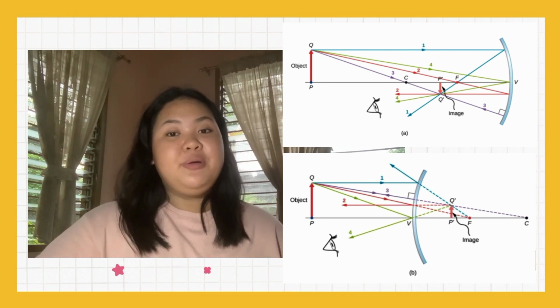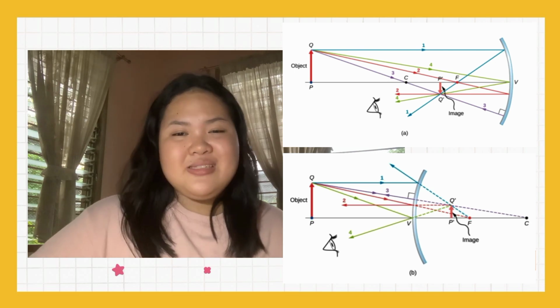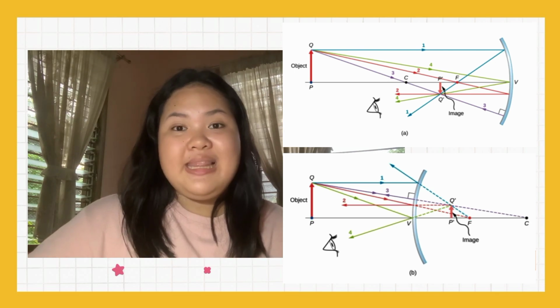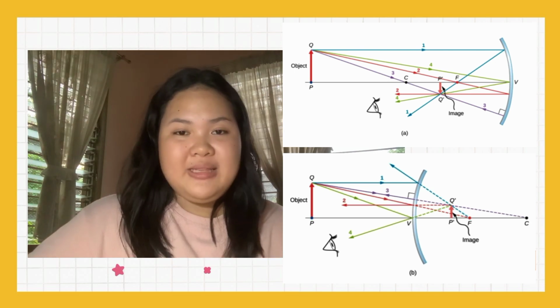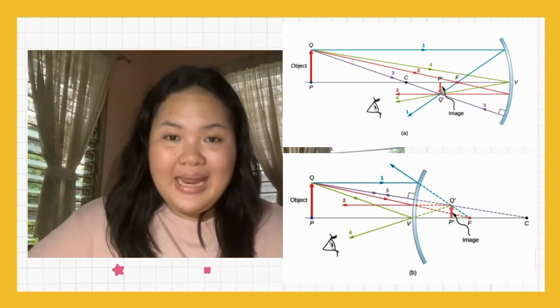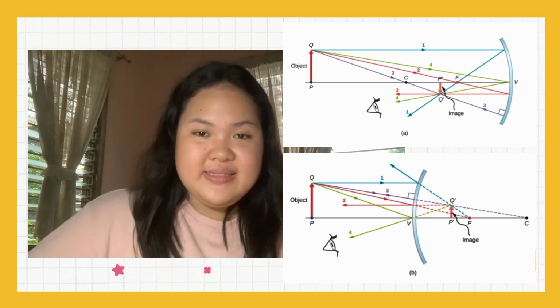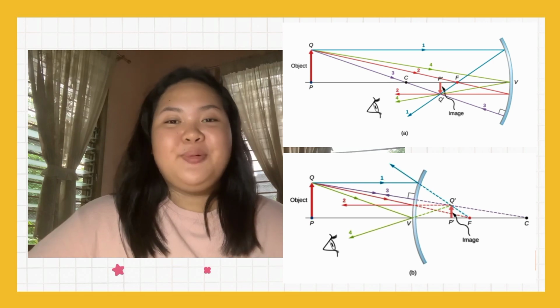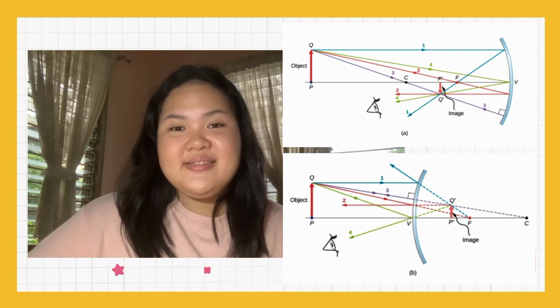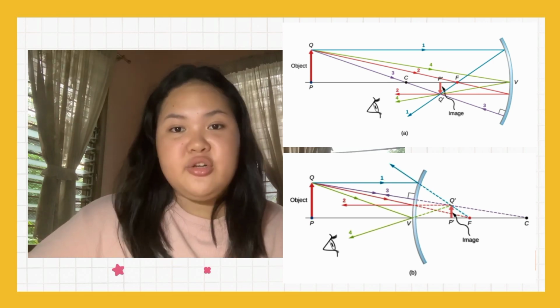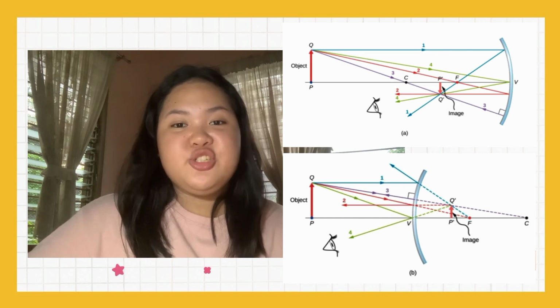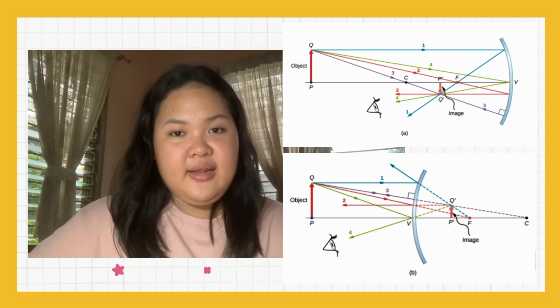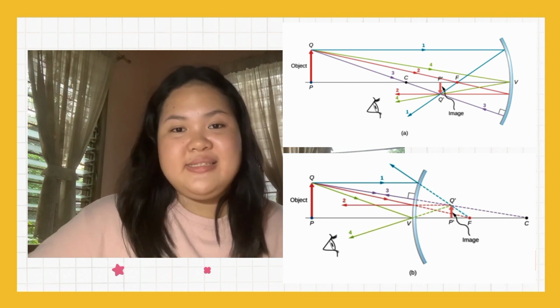Next, principal ray 2 travels first on a line going through the focal point and is then reflected back parallel to the optical axis. Principal ray 3 travels towards the center of curvature of the mirror and strikes the mirror at a right angle, or normal incidence.